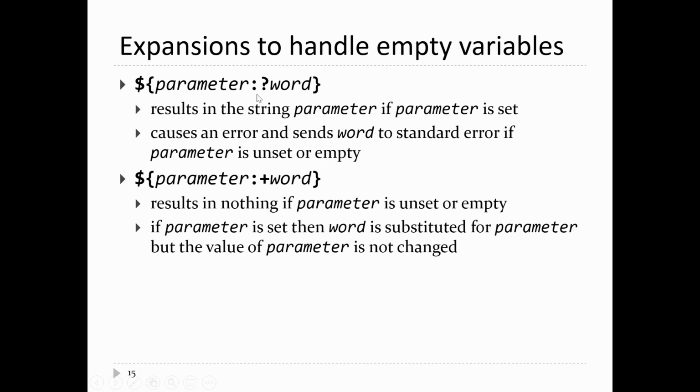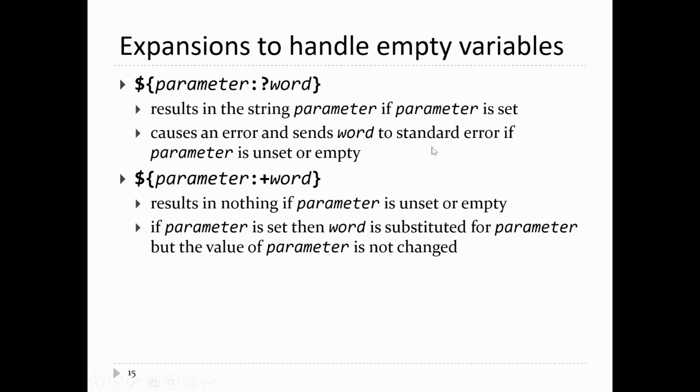The question mark is the weird one because it doesn't behave the way you think it ought to. So with the question mark, if the parameter is set, so if the variable exists and has a value, then that expansion just produces the value of the variable. If it's not set or is empty, then you end up with an error. And the error, it's weird.